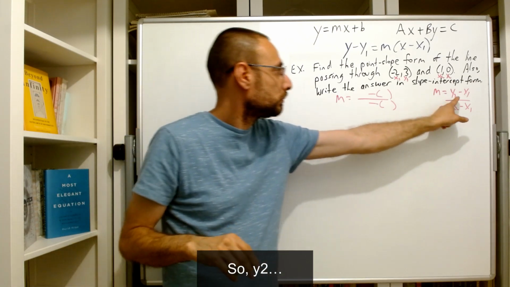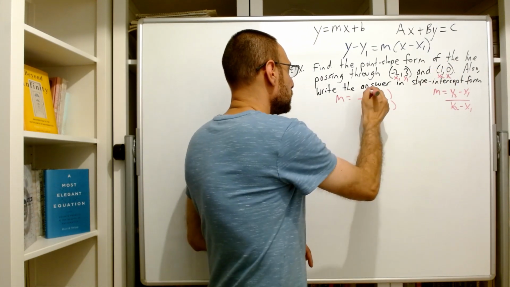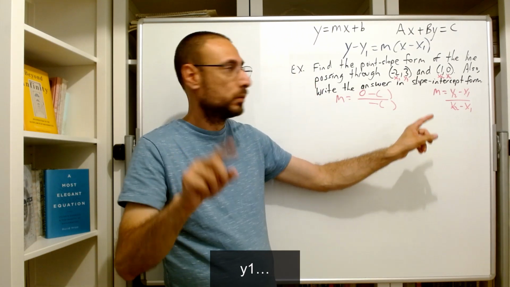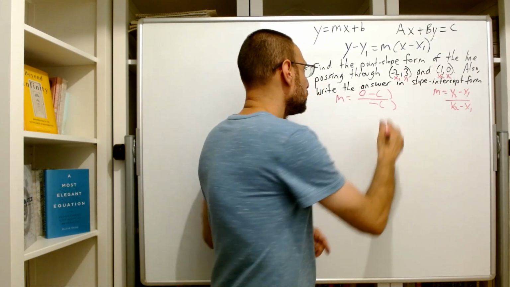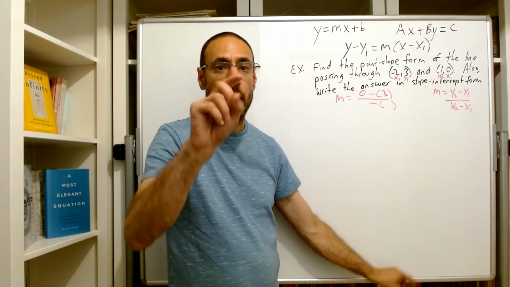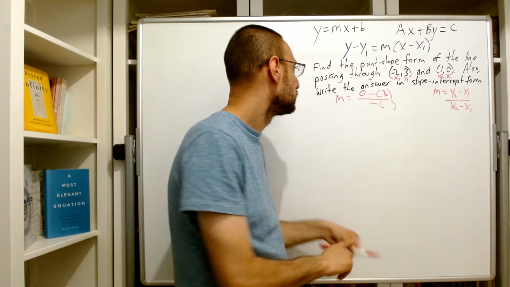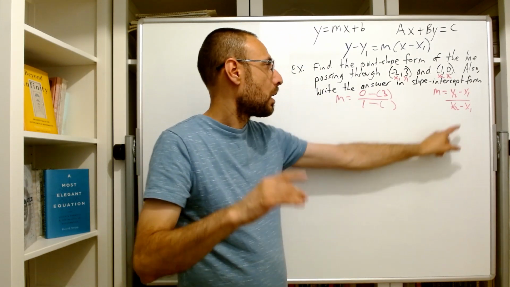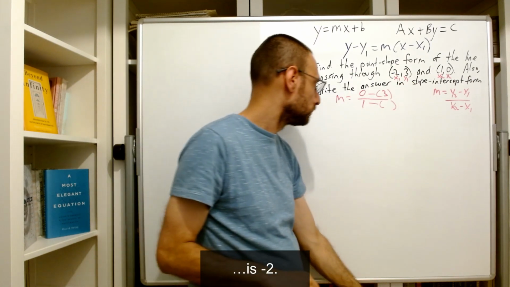So, y sub 2 will be 0. y sub 1 is 3. x sub 2 is 1. x sub 1 is -2.